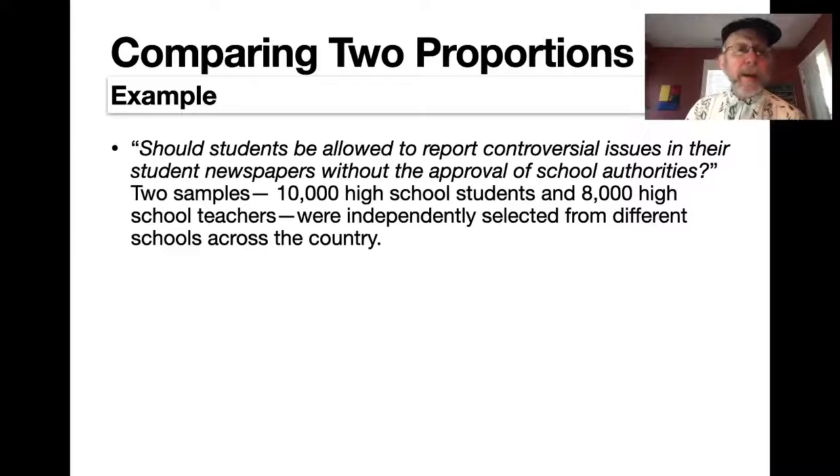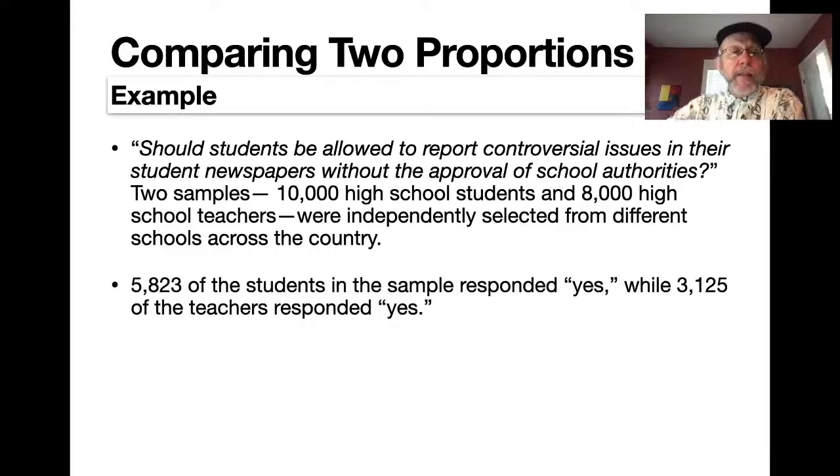A sample of 10,000 high school students was asked this question, and a sample of 8,000 high school teachers was asked the same question. And the results were interesting. Of the 10,000 students, 5,823 of them responded yes, students should be allowed to report controversial issues without prior approval.